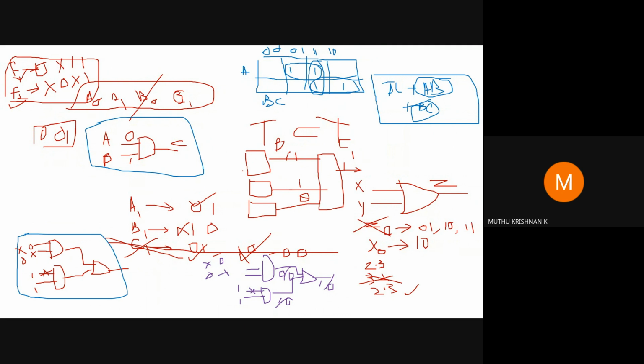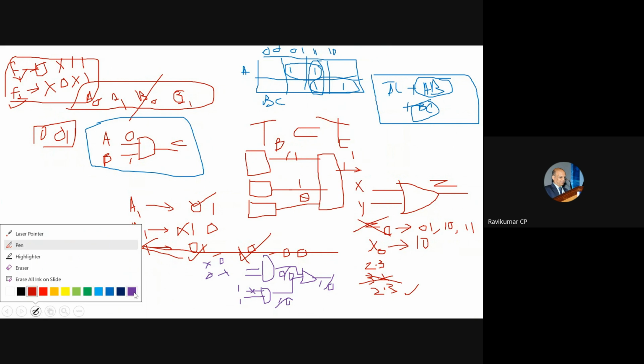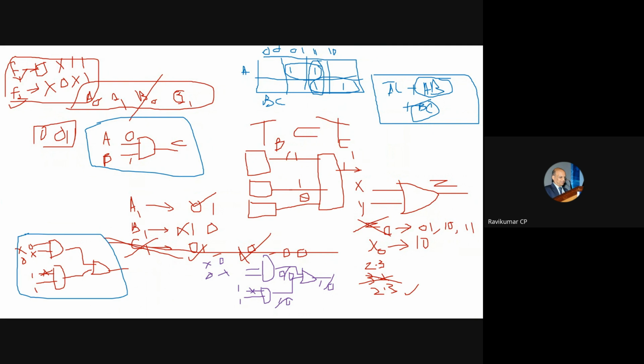Sir, could you also explain in brief about tie cells and undetectability? Tie cell means, see, suppose I have an AND gate which is 3 input.